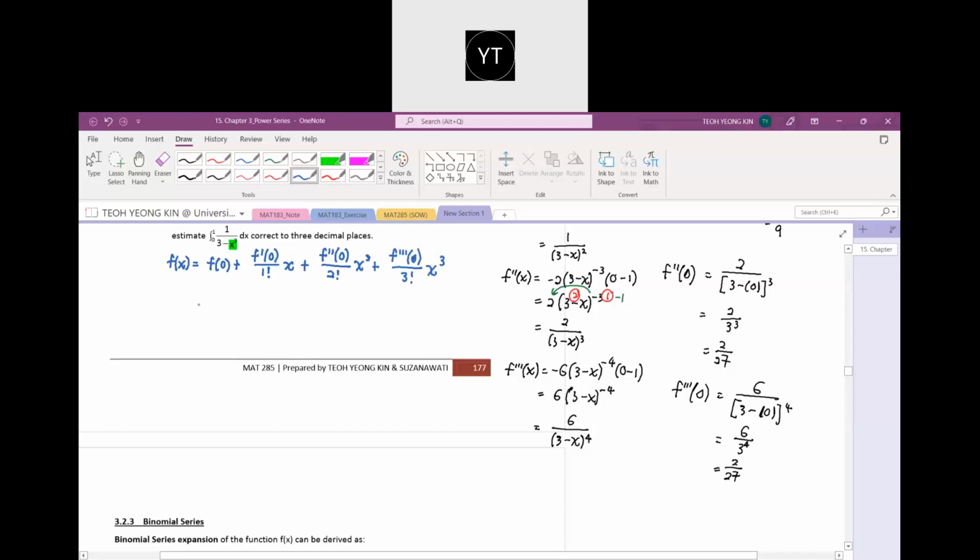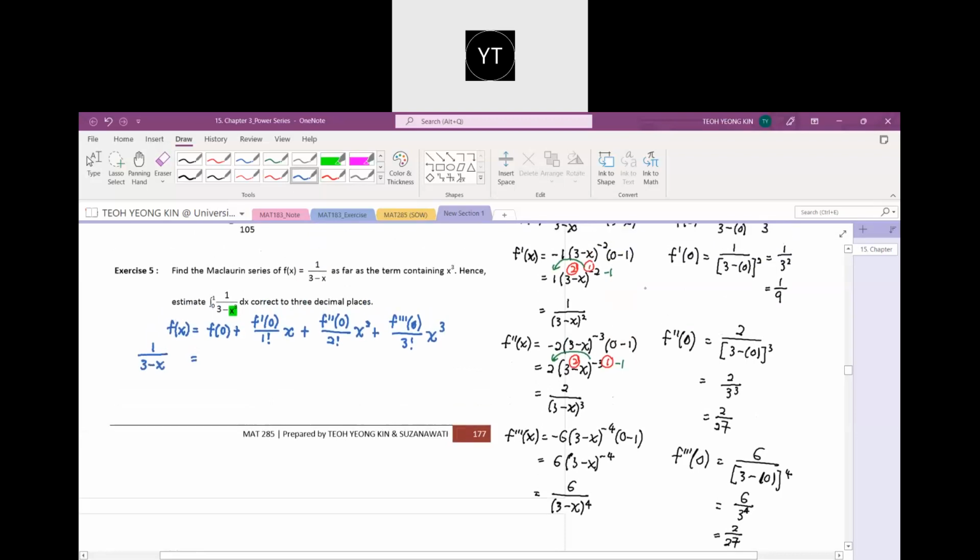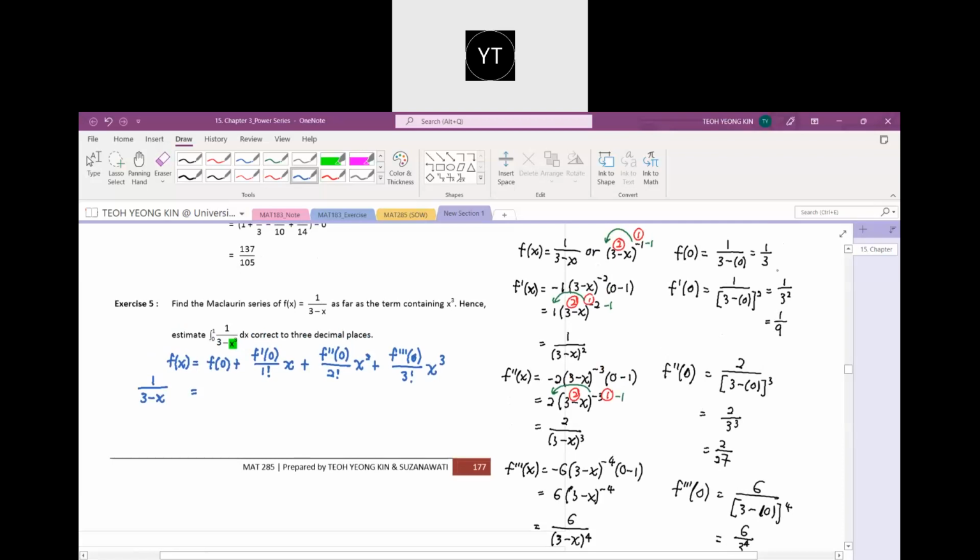Now I start to substitute the value, where this f(x) is 1 over 3 minus x. f(0) is 1 over 3. So 1 over 3 plus f'(0), 1 over 9.